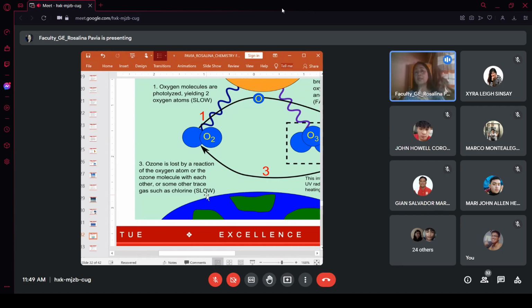Ngayon, pag tinamaan ni UV rays, yung oxygen, mag-split yung oxygen into two. Ganon din, mayroon din chlorine na nadi-disintegrate coming from the chlorofluorocarbons na napuproduce natin sa Earth. Okay, you will know what the effect will chlorine do to ozone layer later.